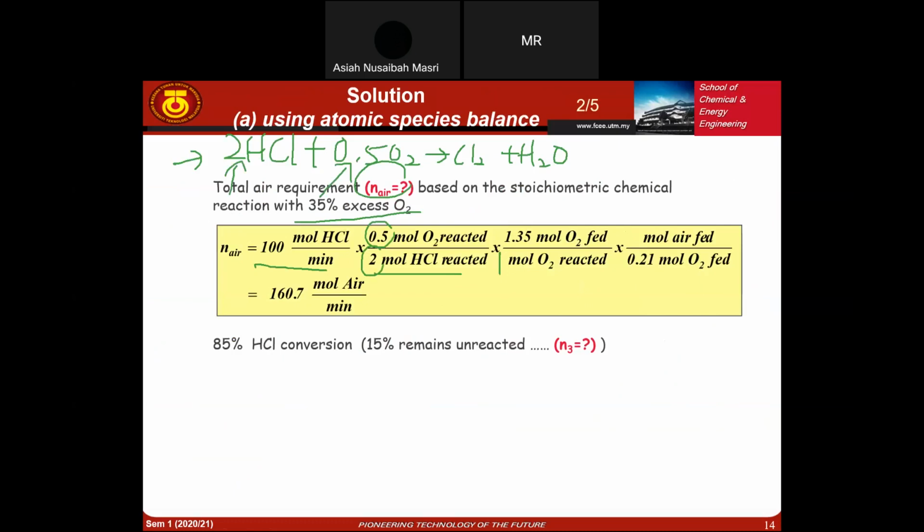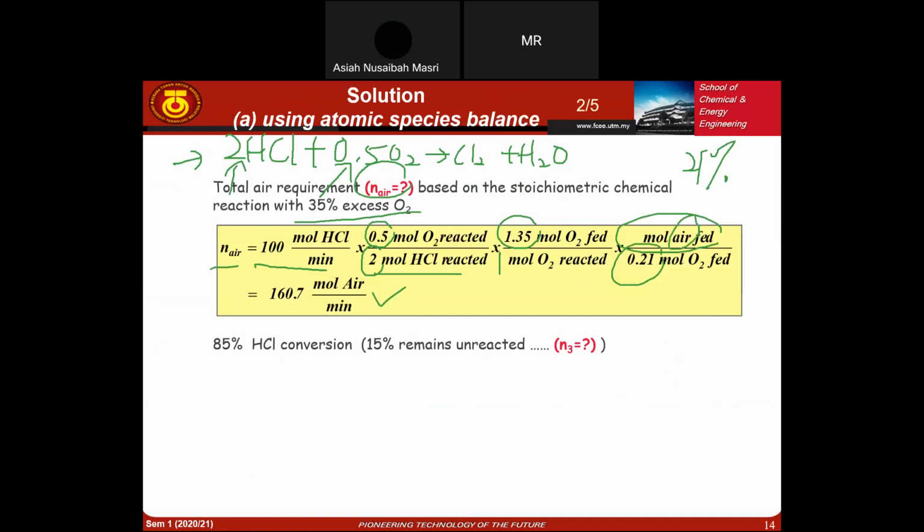So we put here 1.35 mole oxygen feed instead. Then we know that in the air, for every mole of air, 21% is oxygen. So 0.21 mole of oxygen is fed in the air. So solving this, we know that air in the feed is equal to 160.7 mole air per minute.